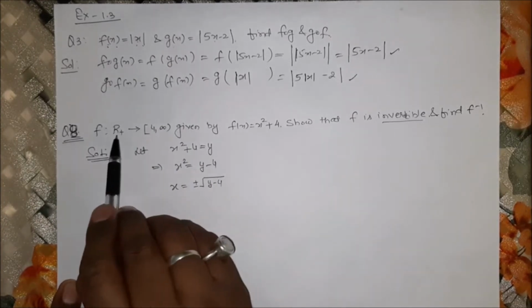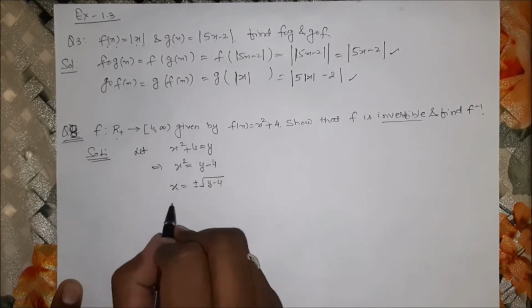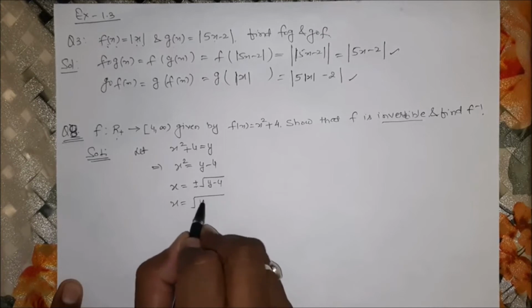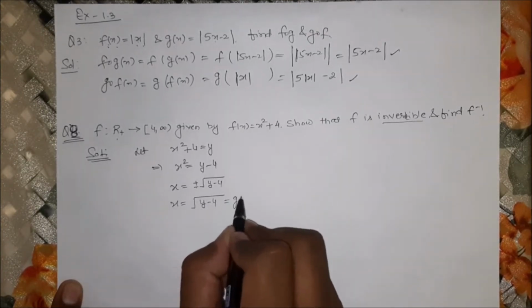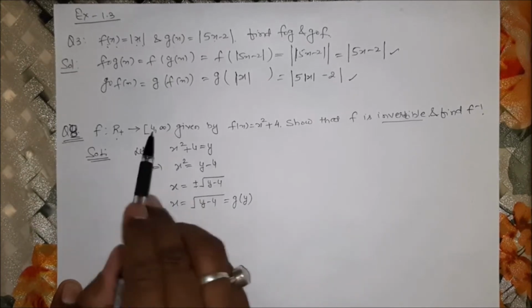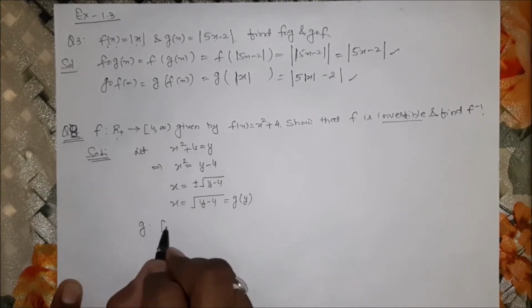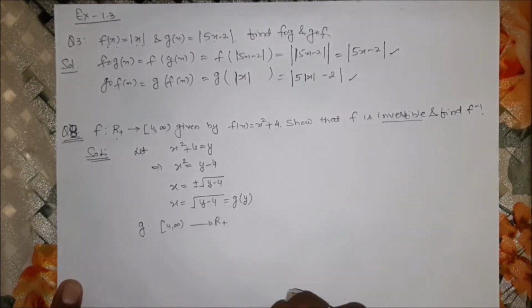But because x comes from positive real numbers, it cannot be negative, so we will consider only the positive value root y minus 4, and the same value is considered as g(y), such that g is defined from 4 to infinity to R positive.